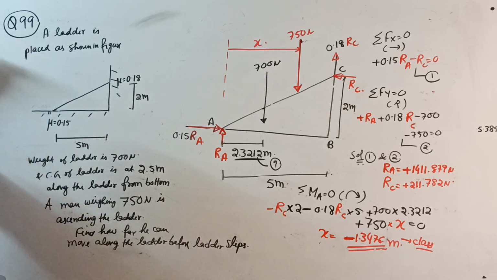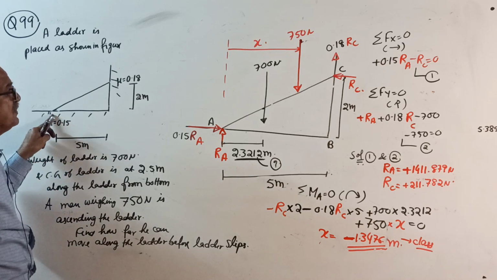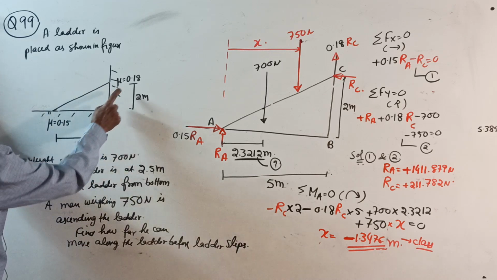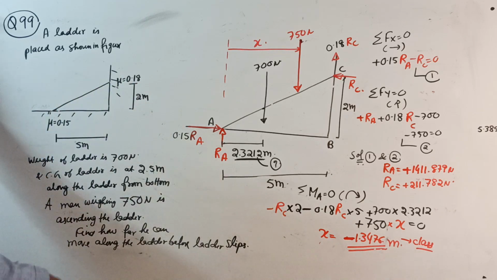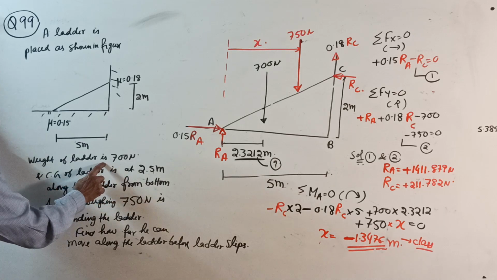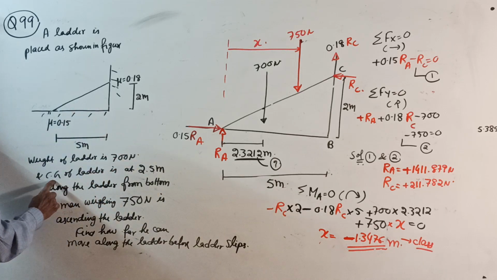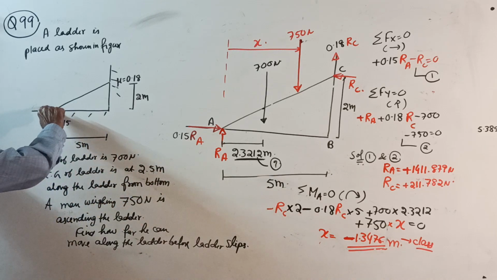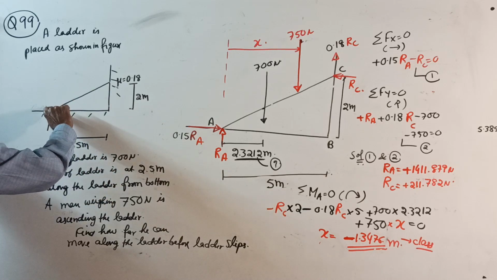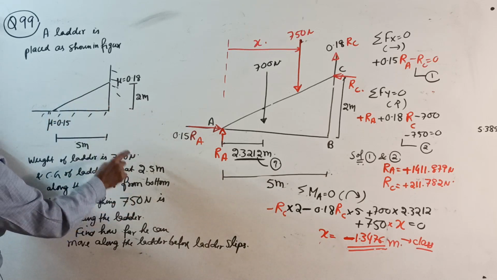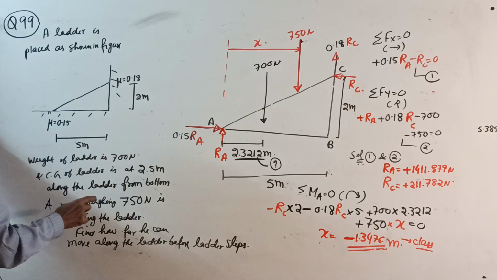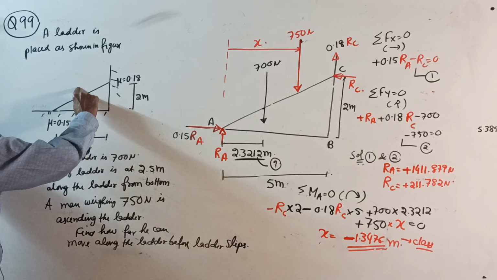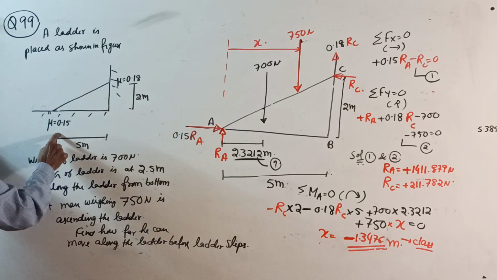Coefficient of friction at the bottom of the ladder and top of the ladder are respectively 0.15 and 0.18. The weight of the ladder is 700 Newton and the center of gravity of the ladder is at 2.5 meter along the ladder from the bottom.